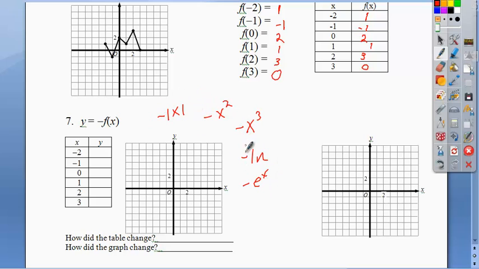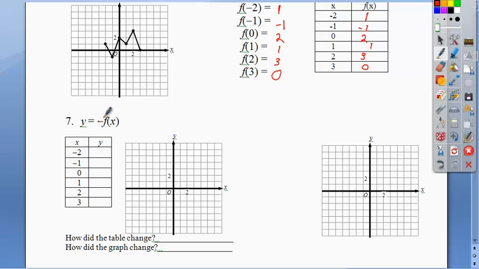Basically the negative is going to be on the outside. That's what this f of x is referring to, any of the functions that we know about: absolute value, quadratic, cubic, logarithmic, and so forth.